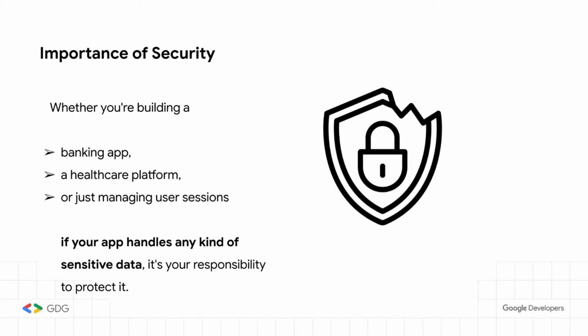It can be even the user's details, or even users' financial details. All of this needs to be handled with extreme care, because we're talking about banking apps here. And even a healthcare platform has a lot of sensitive data, like your users' records, their health records, and all sorts of sensitive data is also there.